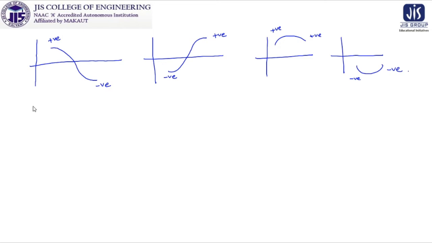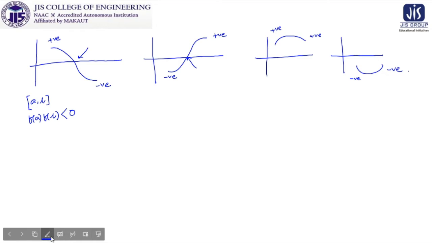If for a given pair of points a and b, f(a) into f(b) is less than 0, that means their signs are different. If one is positive, the other will be negative. Then going from the positive part to the negative part, the curve must intersect the x-axis at least one time. So this is the intersection, or in this case this is the intersection.